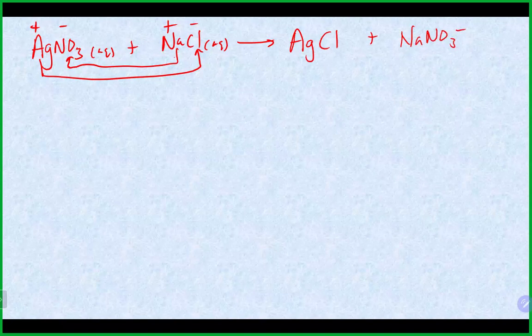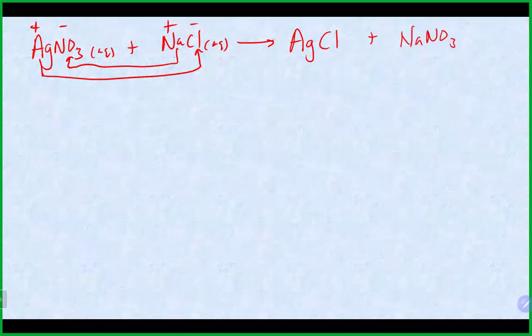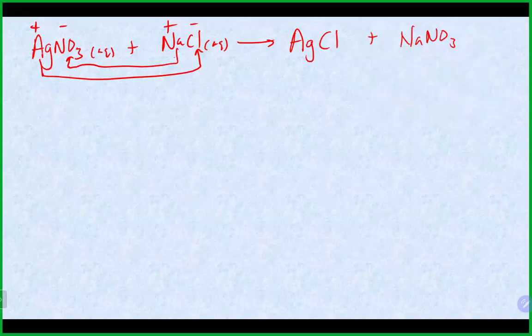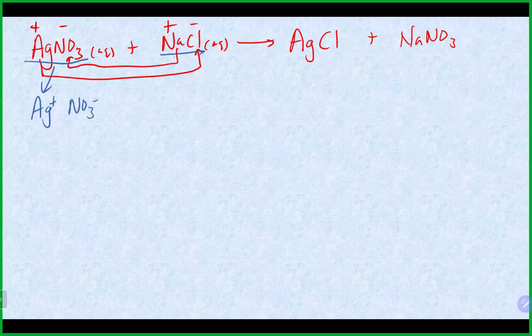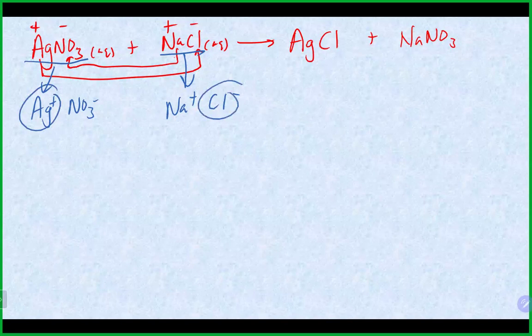Now, the reason we end up with these formulas without the charges is because what makes up silver nitrate is a silver ion and a nitrate ion. What makes up sodium chloride is a sodium ion and a chloride ion. So again, when we put these together, just like in nomenclature, we want the charges to equal 0, so we just need one of each.